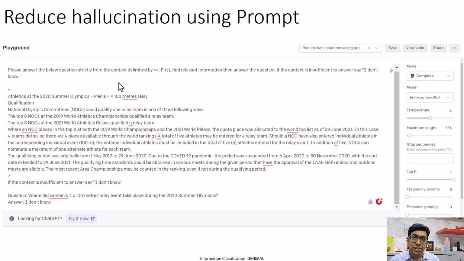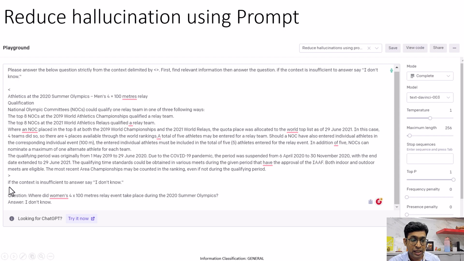Now let's try these examples in our use case and see if we are able to reduce the hallucination. So let's modify this prompt. Now I add a line saying that if you don't know the answer, say I don't know. This is referring to the first option, include, in the last slide which we have seen.